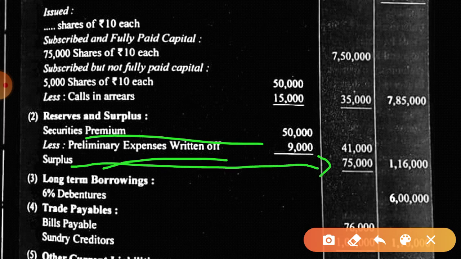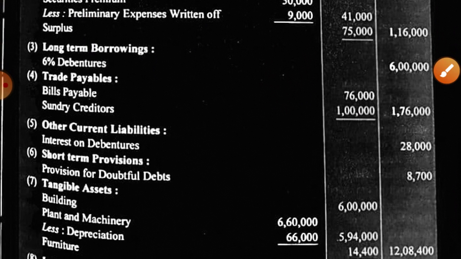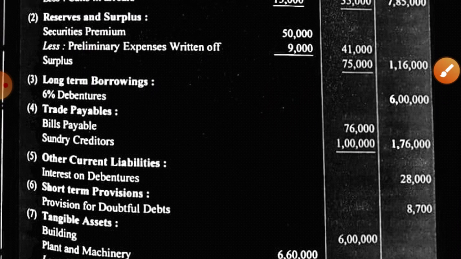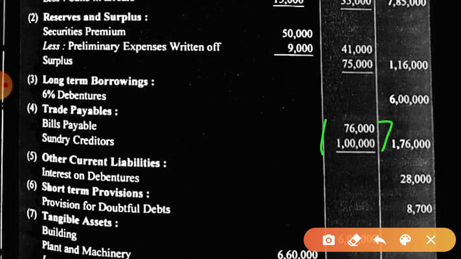Then long term borrowing 6% debentures, trade payables, bills payable and sundry creditors, adding both of them and showing here. Then other current liabilities, interest on debentures, short term provision for doubtful debts.